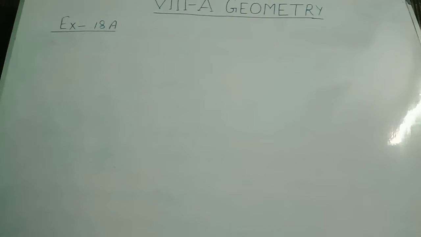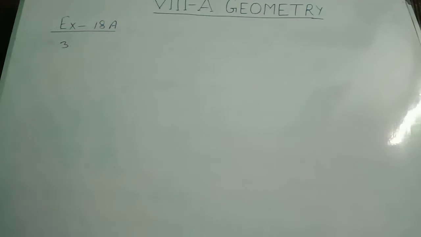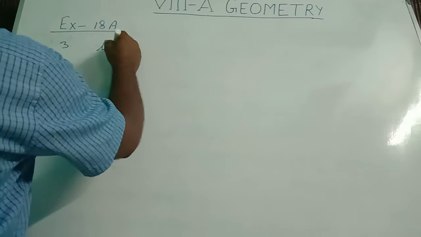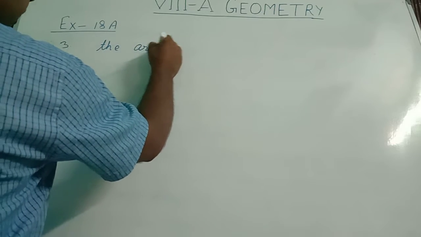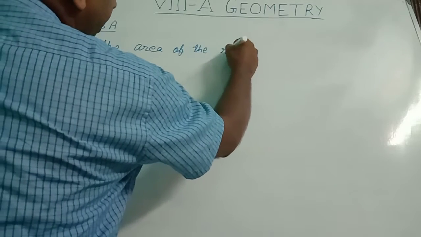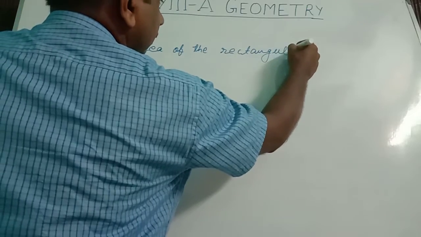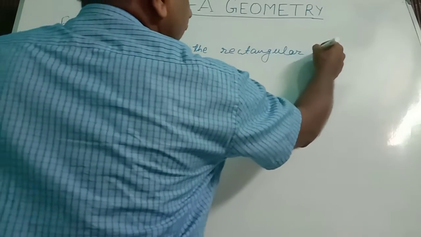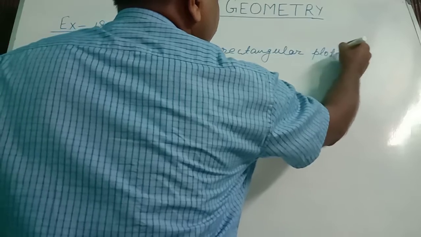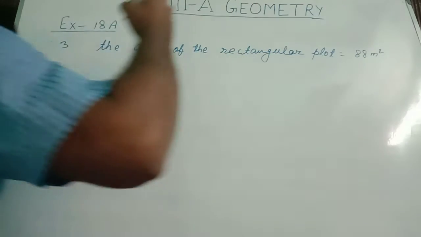And question number 3. In the question, the area of a small rectangular plot is 88 meters square. The area of the rectangular plot is equal to 88 meters square.